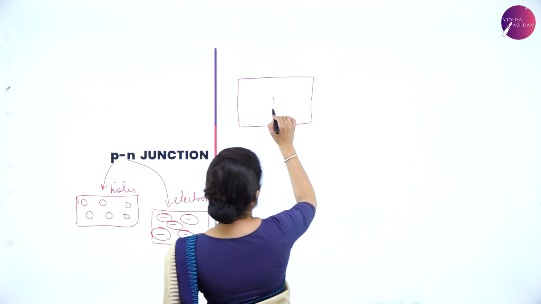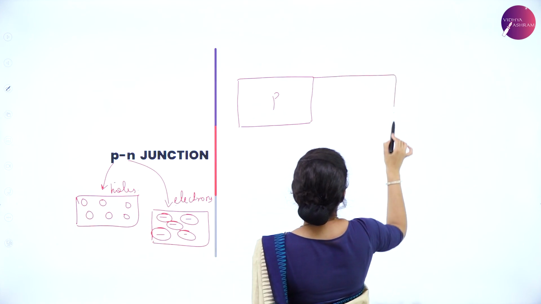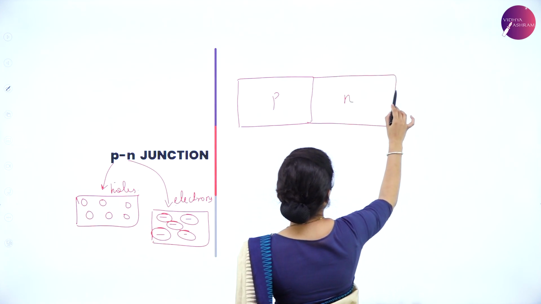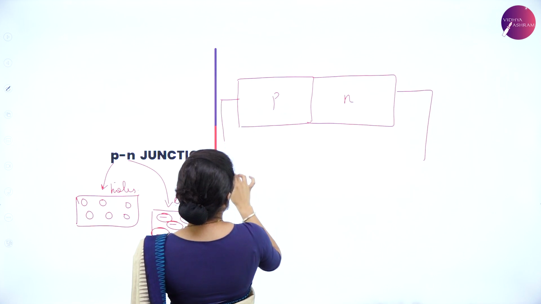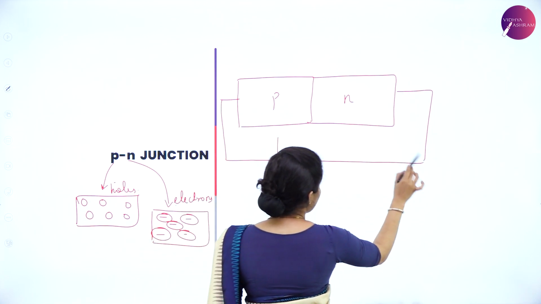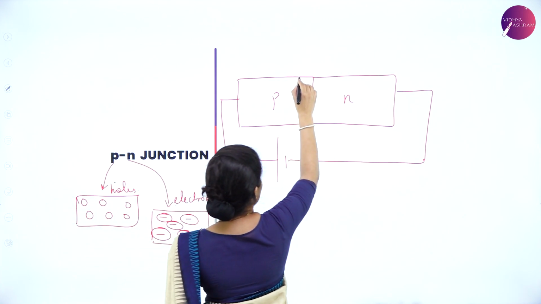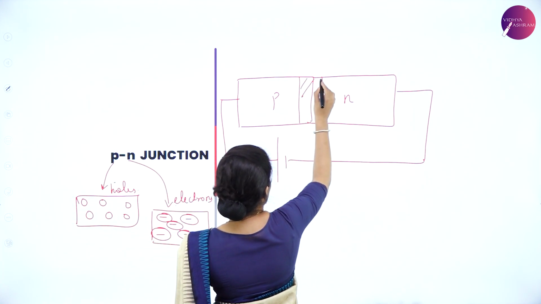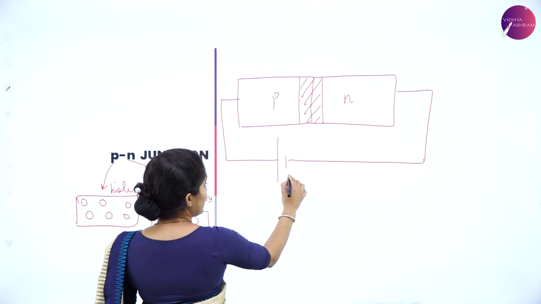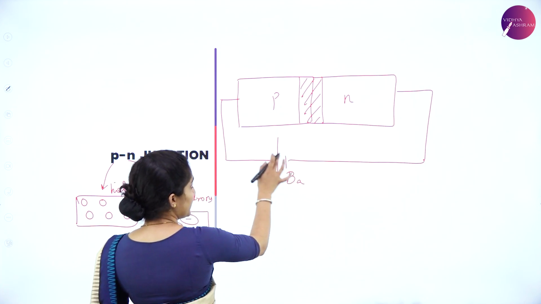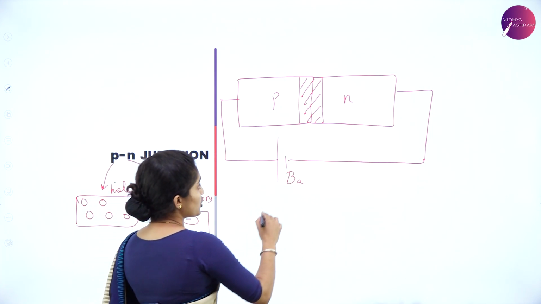There is a p-type semiconductor aligned along with an n-type semiconductor, connected to a battery. This is called a p-n junction, which creates a junction in between whenever there is a passage of current.